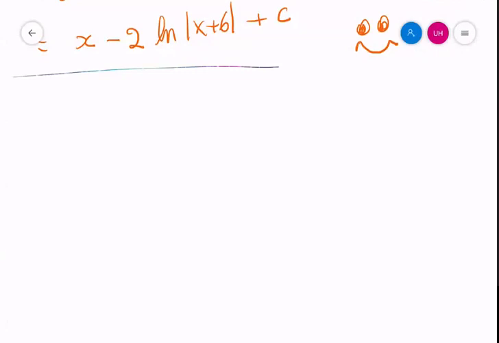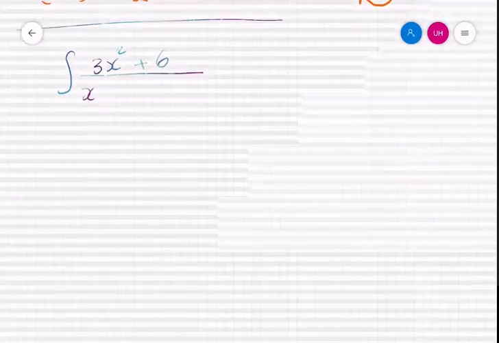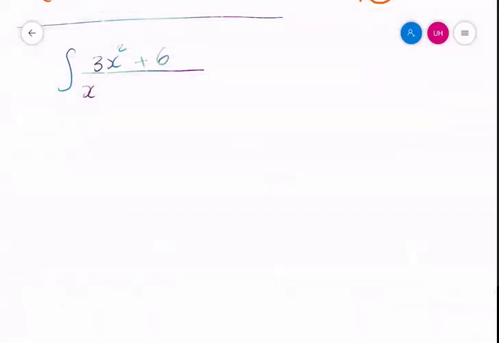We have this integral of 3x squared plus 6 over x cubed plus 6x minus 11. So when you have a question like this, you have a fraction with terms.